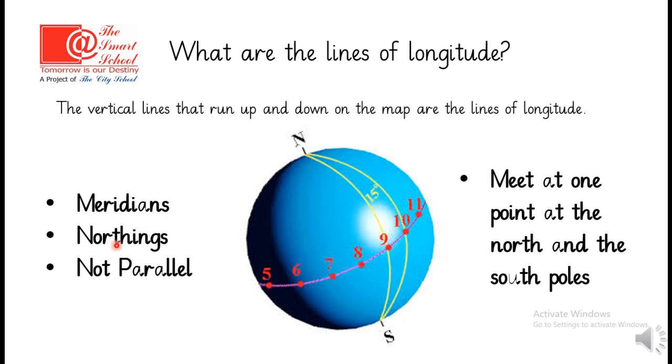They are also called northings. They are not parallel. You can see these lines are not parallel like the lines of latitude. They meet at one point in the north and in the south. So at the north and south poles, these lines meet. They are not parallels.